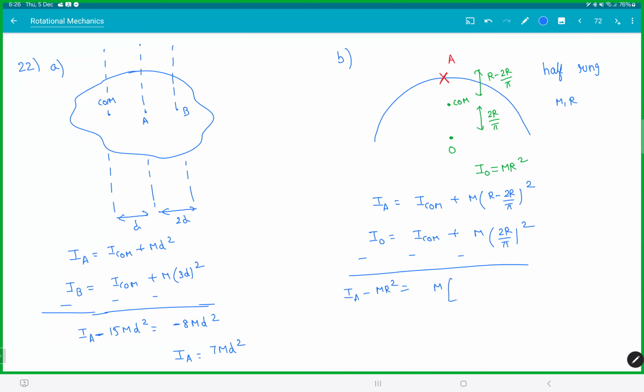That would be M into, if you add them, you'll get R. If you subtract them, you will get R minus 4R by pi. If you shift it that side, you will get 2MR square, 1 minus 2 by pi. Check. Please check if you got the same thing, then it is fine. Pretty good one. Remember this B part again comes in oscillations.